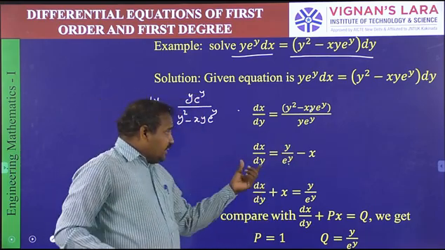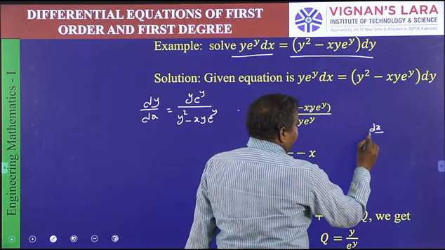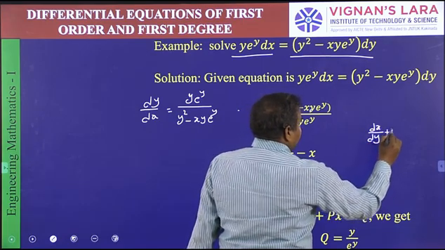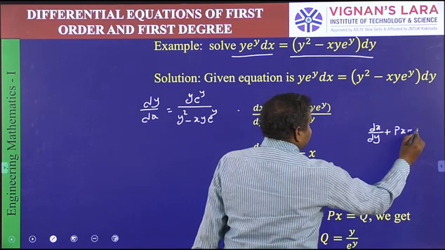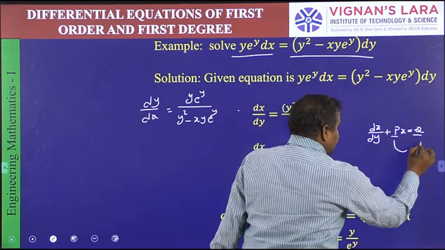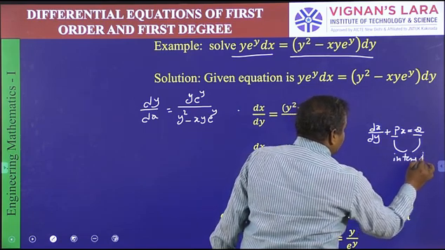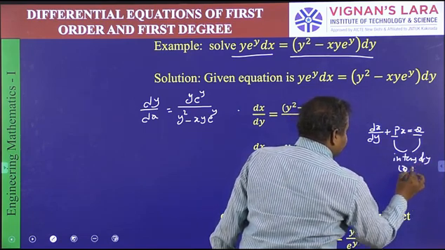So here, it is in the form of dx by dy. What is the standard form of dx by dy? Dx by dy plus p into x is equal to q. Here, p and q are in terms of y or constants.